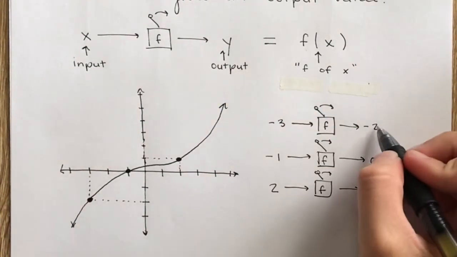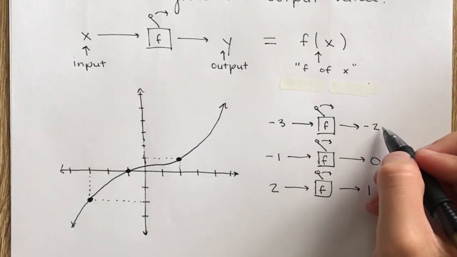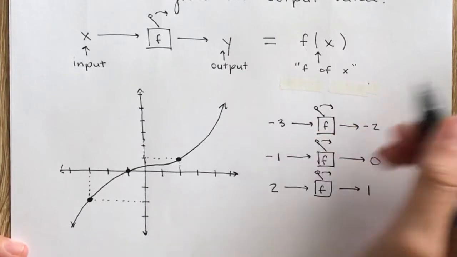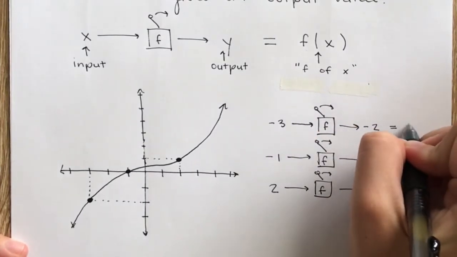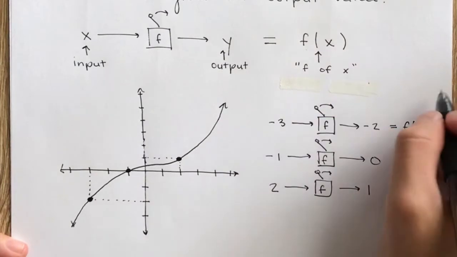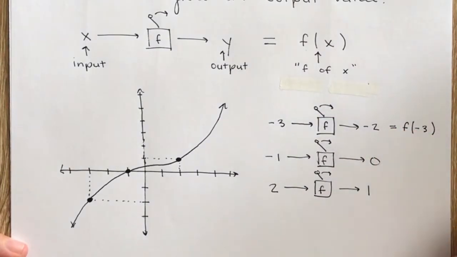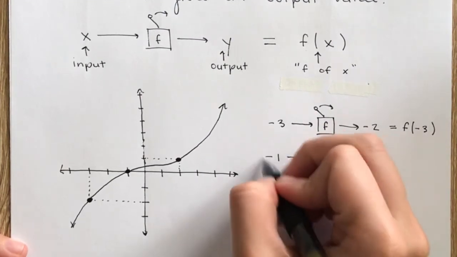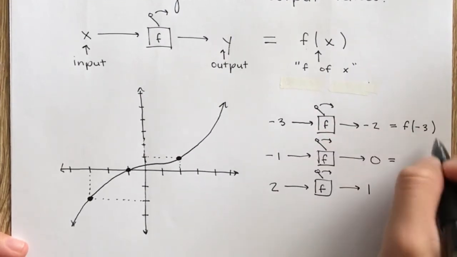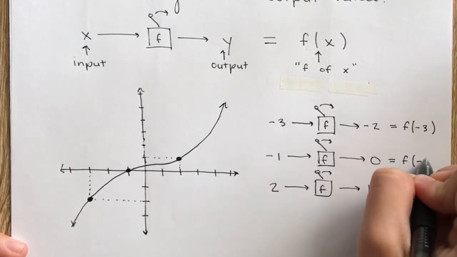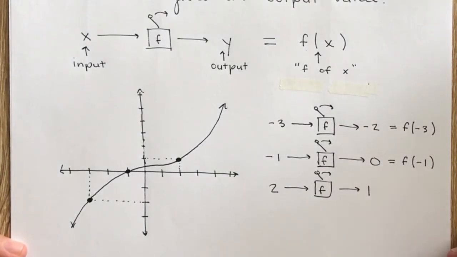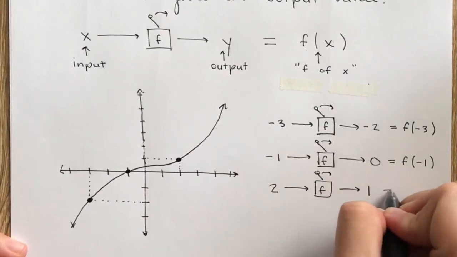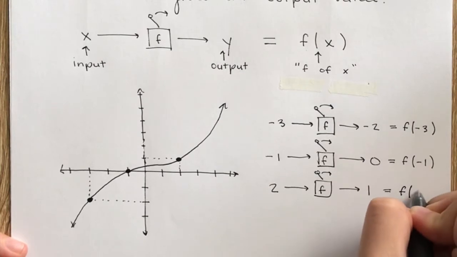Again, these guys are f of x here, right? And x's are given as our input here. So this is f of x when x is -3, so f of -3. Here, 0 is f of x when x was -1, so this is f of -1. And here, x was 2, so this is f of 2.